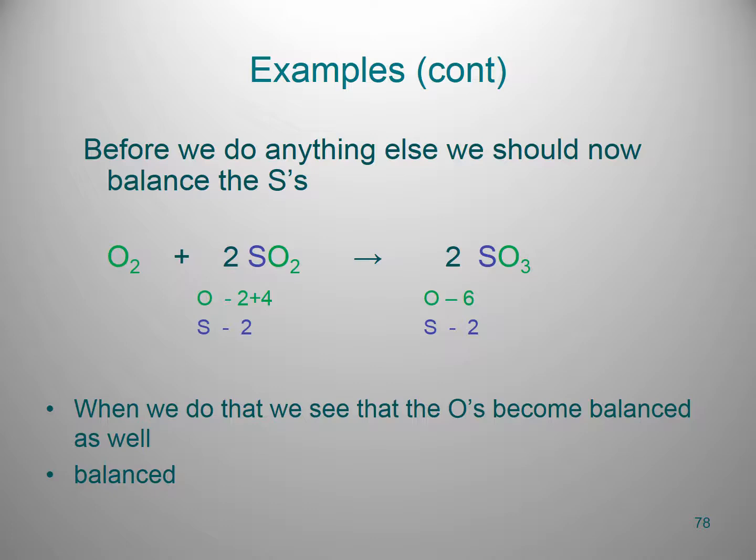But then what I would do in that case is balance out the SO2s by putting a 4 in front of the SO2, and then there would be 12 oxygen on the left, and there'd be 8 oxygen with the SO2s, and so you would need 4 more, and so you would put a 2 in front of the O2, and that would also be balanced, but notice it wouldn't be lowest terms. You'd have 2 O2 plus 4 SO2 gives us 4 SO3, and then reduce it down. And that would be fine if you did it that way. Nothing wrong with it.